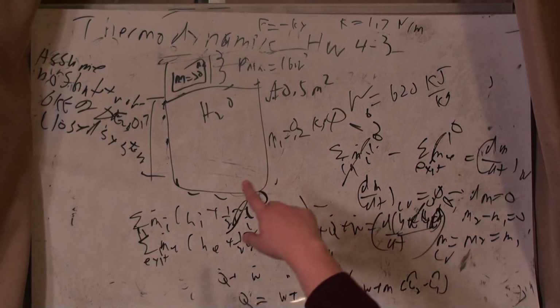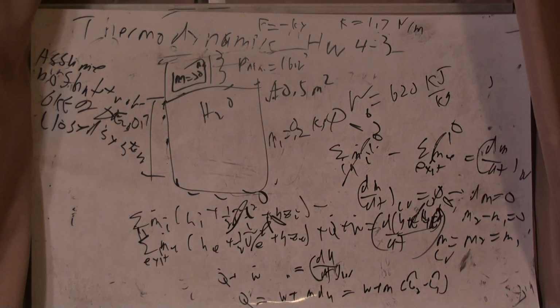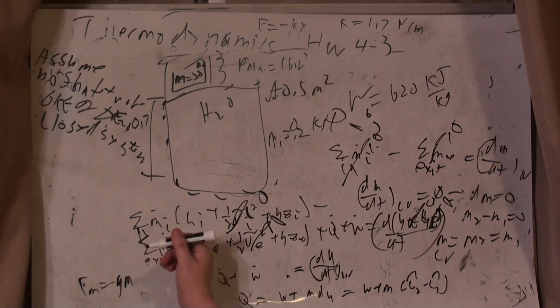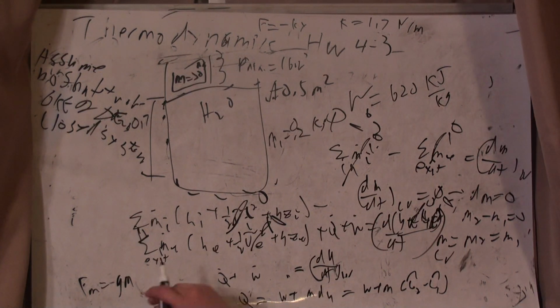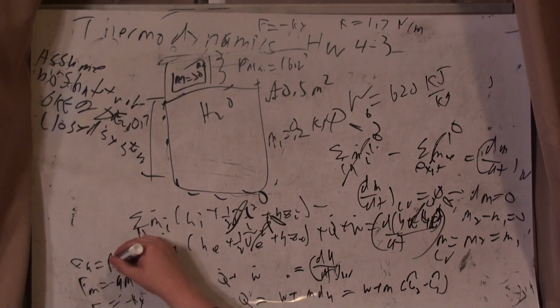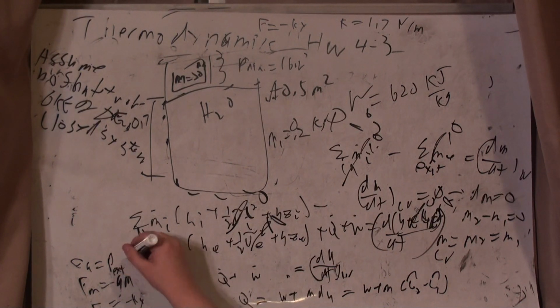So you've got the force of the mass, which is gravity times the mass, mass times acceleration. That's the force of that, and then you're going to have the force of the spring, which again is minus kx. And so they're going to balance, and then you also have the force of atmospheric pressure, which is basically the external pressure times the area. Those are all going to balance.